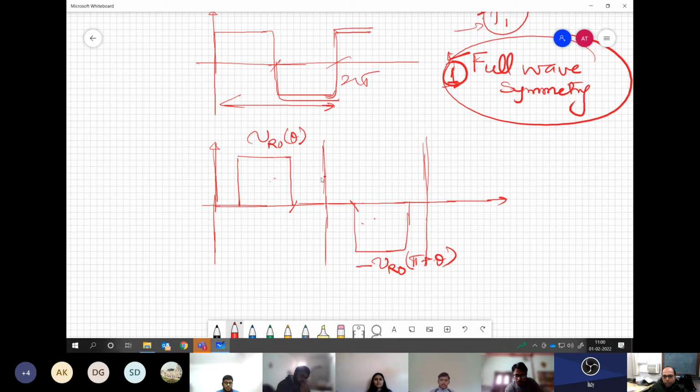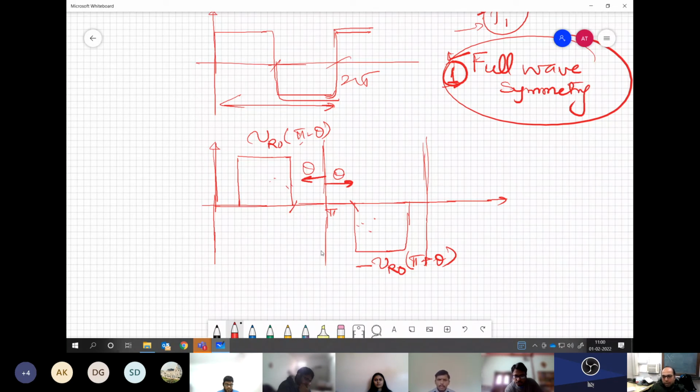And this symmetry should be about this pi axis. So rather it should be pi minus theta, and you go on the other side as pi plus theta. So if you move equal angles on both sides of this middle or half cycle, you should see exactly opposite values of the VRO.